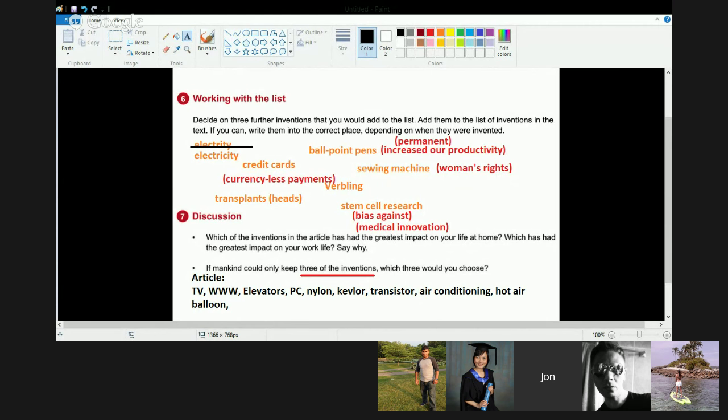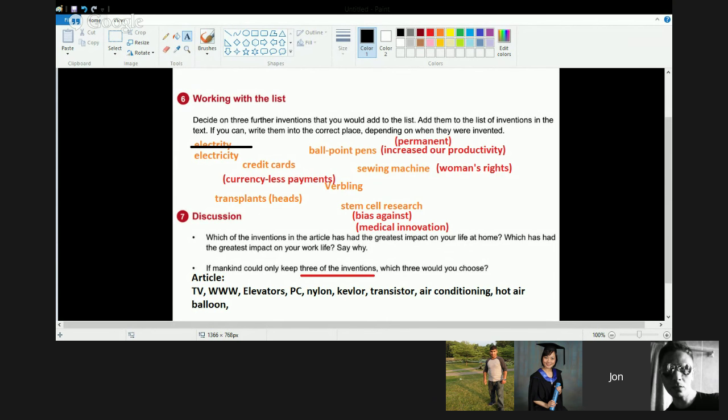What would you choose? We've got to stop in just a minute, but let's see if I can get all of you to give your votes. I've been thinking, and I would choose electricity, World Wide Web, and sewing machine.